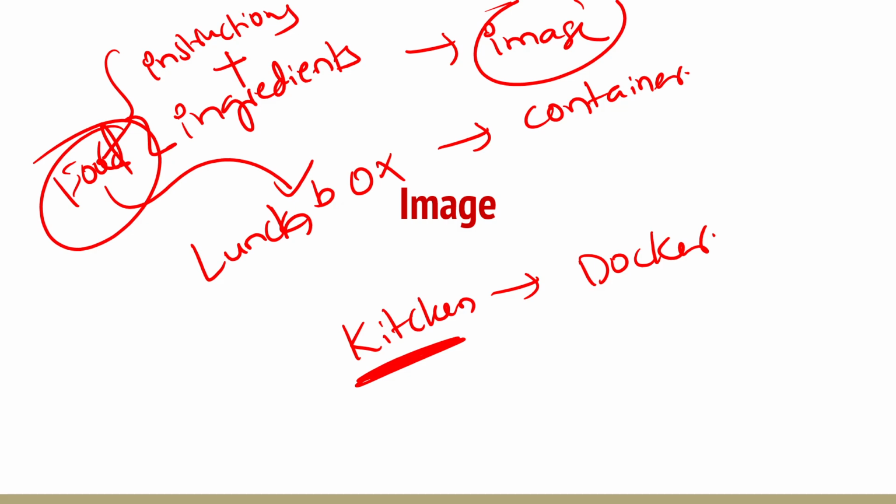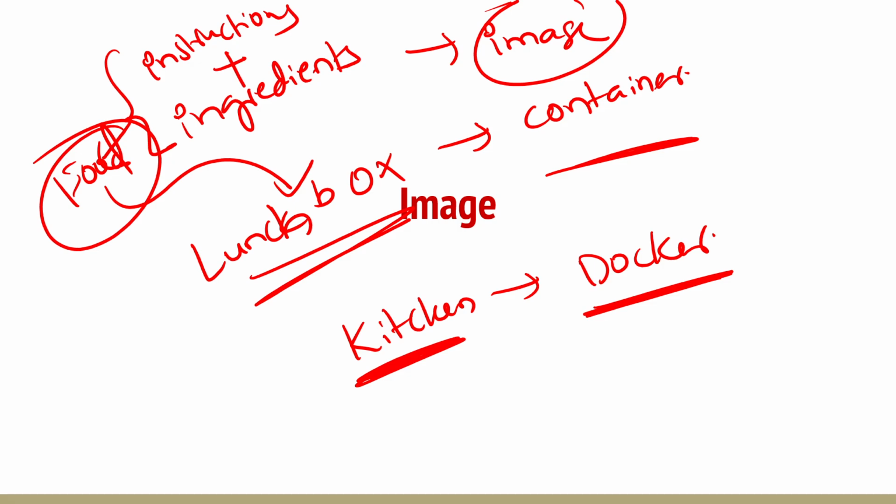So in simple terms, the image is like your recipe, the container is the lunch box, and the kitchen is the place where you are creating the image. This is the linking between container and image. The image is the food, and the container is the carrier where I can carry the food.